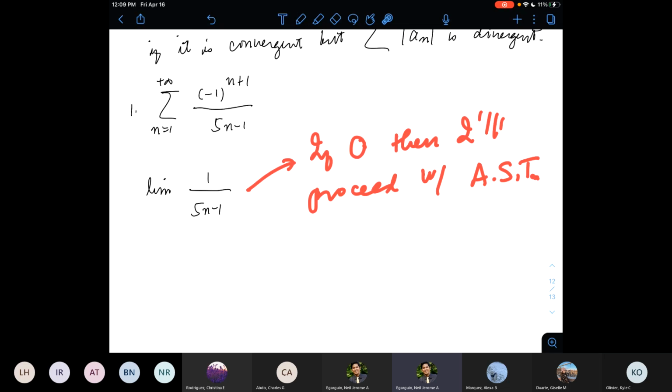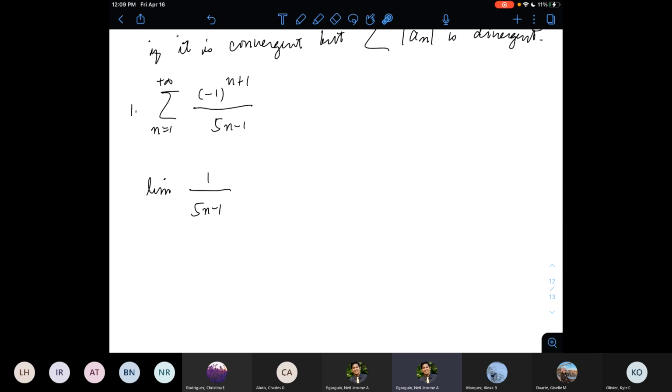Because remember, the alternating series test requires us to get the limit of the positive part, and if it's equal to 0, then I can proceed to the next step, which is checking if this is decreasing. So if this is 0, I'll proceed with AST, and I can conclude something about the convergence of the given series. Now, if this is not equal to 0, then this series will be divergent.